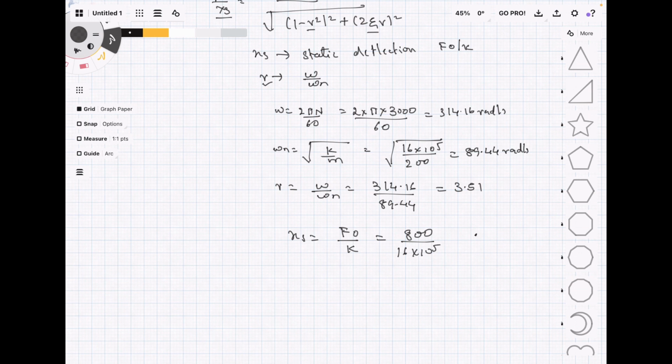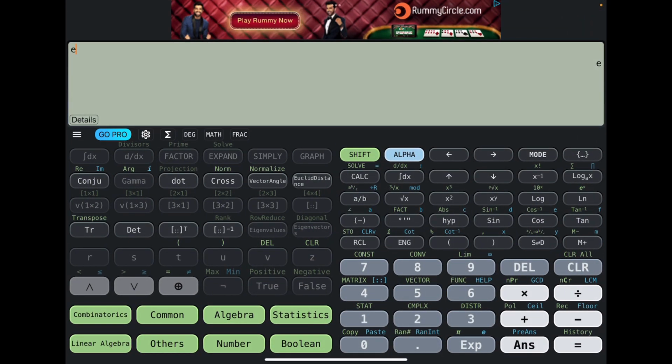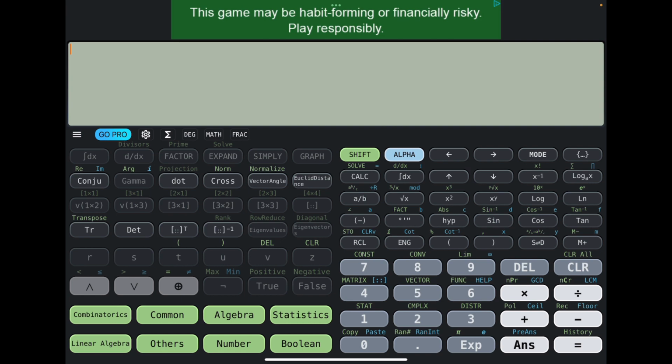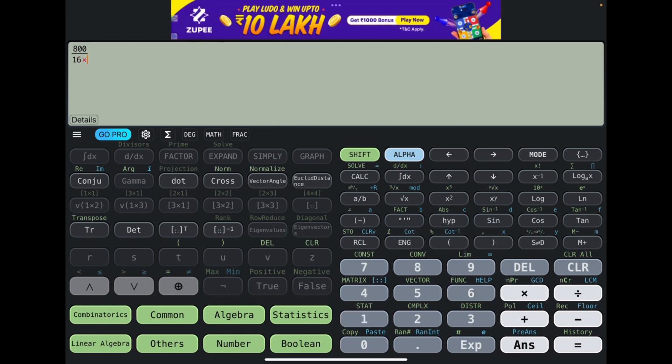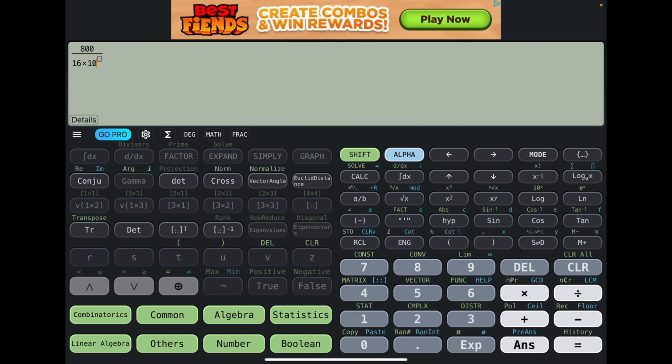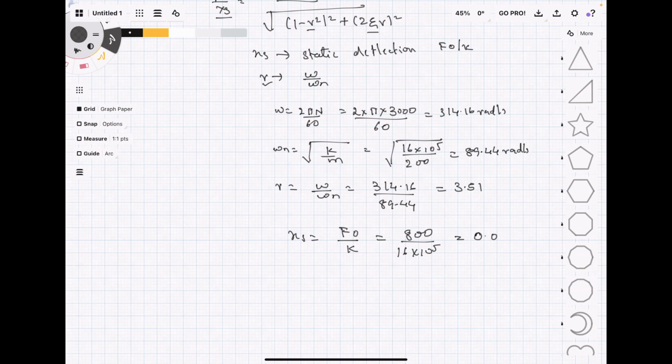So 800 divided by 16 into 10 to the power 5, we'll be getting around 0.0005 meter. Okay, so we got the values here.